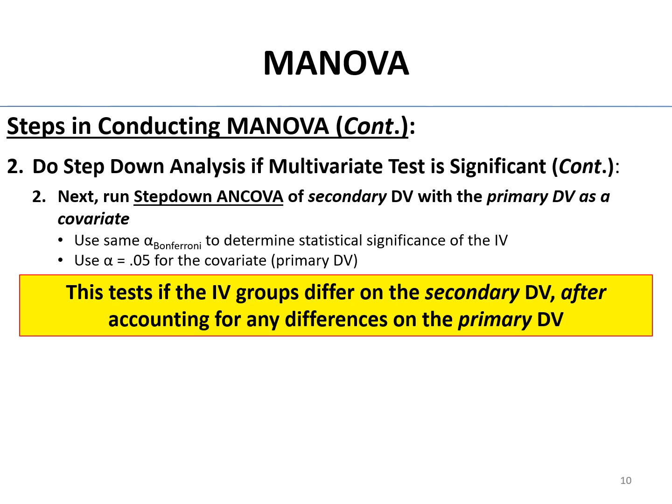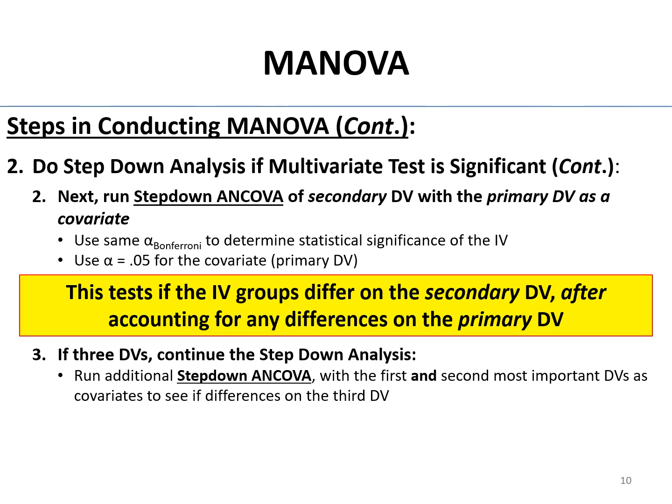And what this tests is if the IV groups differ on that secondary dependent variable after accounting for differences on the primary dependent variable. So we're stepping down through the analysis. If you had 3 DVs, you would continue with the step-down analysis. You would run another ANCOVA, and in this one, the dependent variable would be that third dependent variable, so the third most important one.